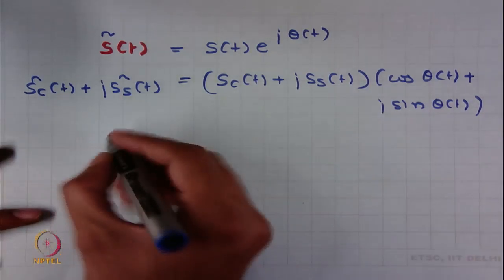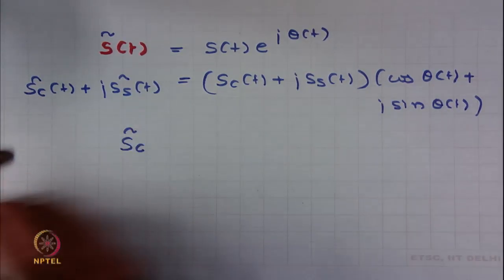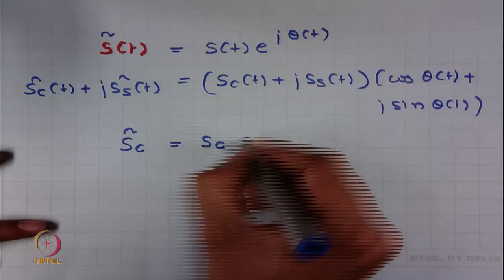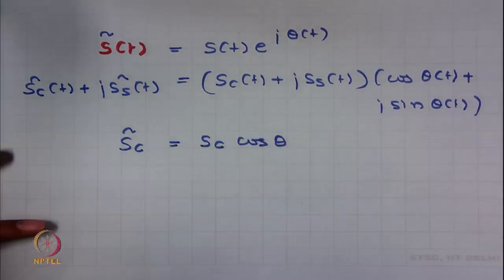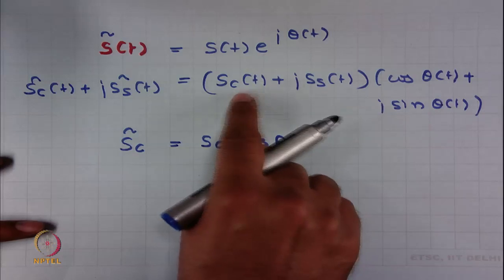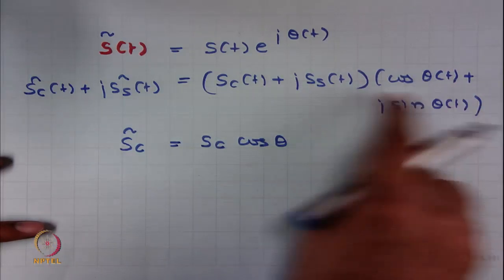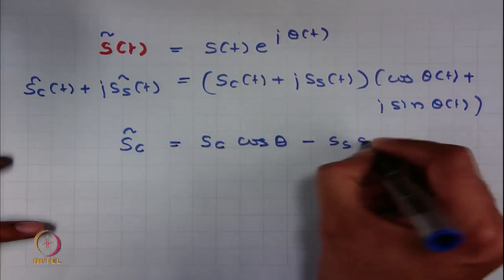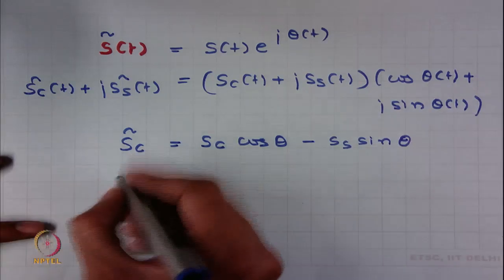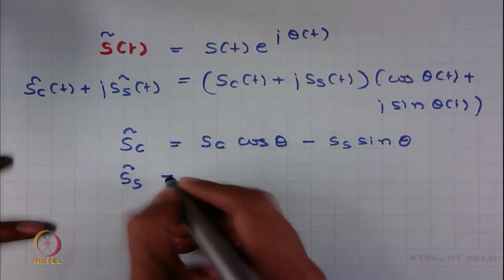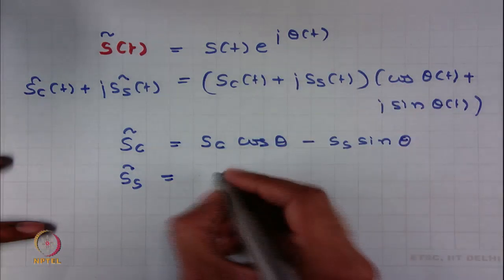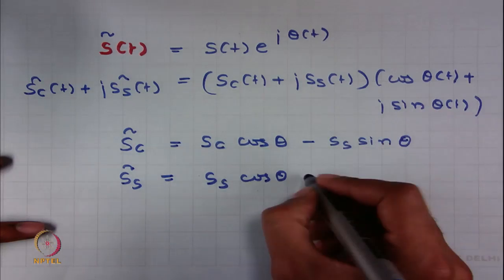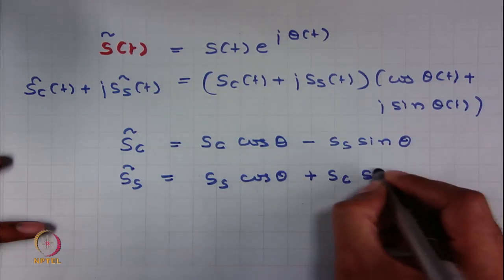So, in one go without any difficulty you can write that SC tilde is SC cos theta. I am omitting t again for typographical reasons. So, I need to multiply this with this, and I can multiply this with this, and SS tilde would be SS cos theta, then I would have SC sin theta.